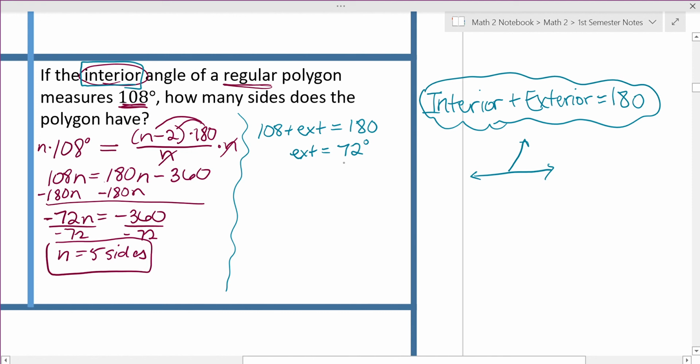And then to find how many sides there are, I know that 360 divided by n needs to be 72. So really, you guys, the shortcut here, we're multiplying by n and dividing by 72, we're really just switching these spots, okay? Multiply by n, I'll write it out here.